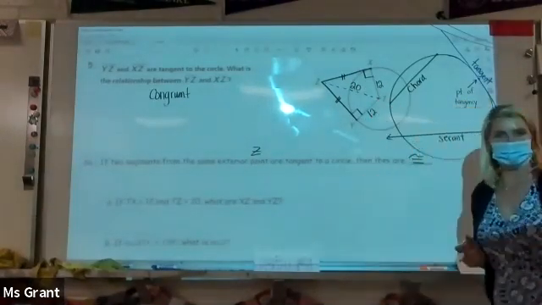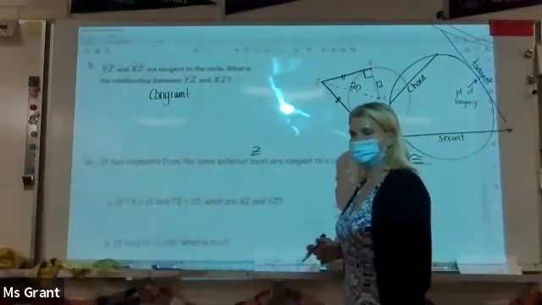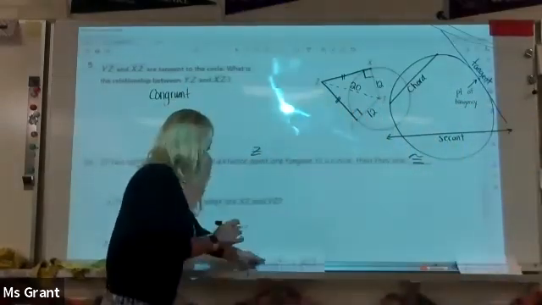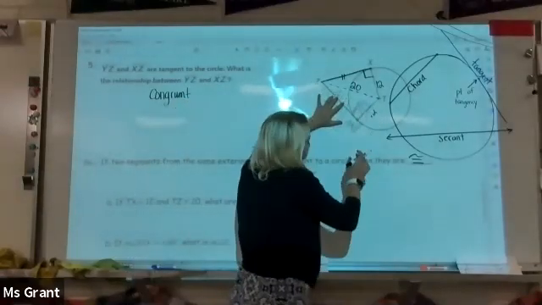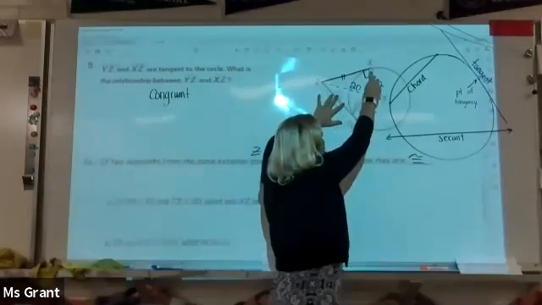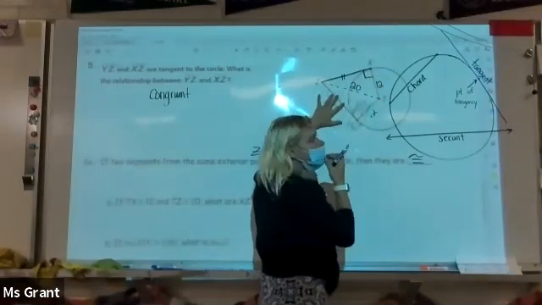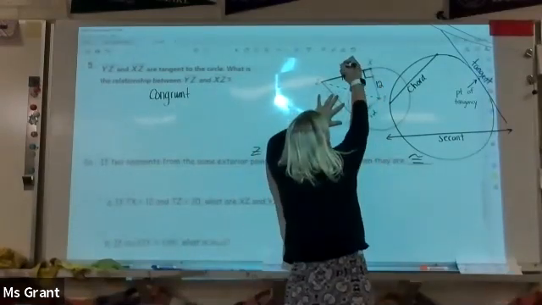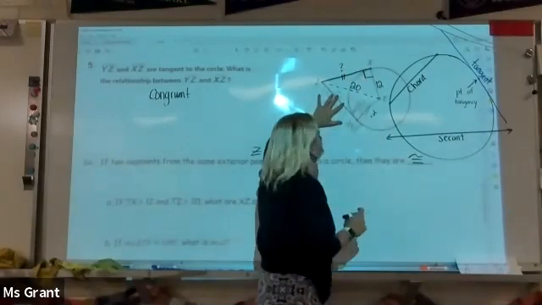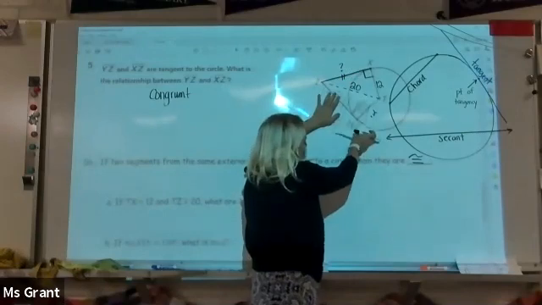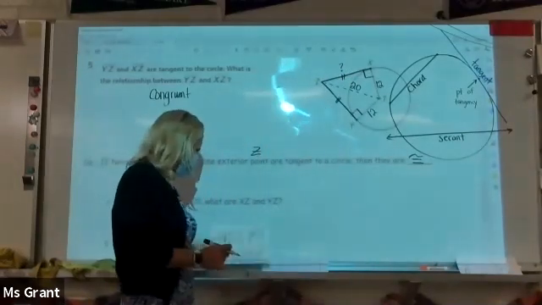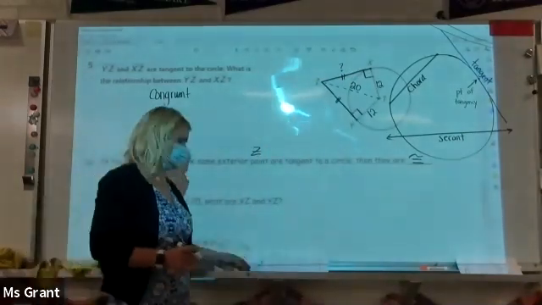How am I going to figure this out? Let's just focus on one of the triangles right now, like this top one. 12 is one of my legs. My hypotenuse is 20. I want to know the length of that tangent line. What ought I do?